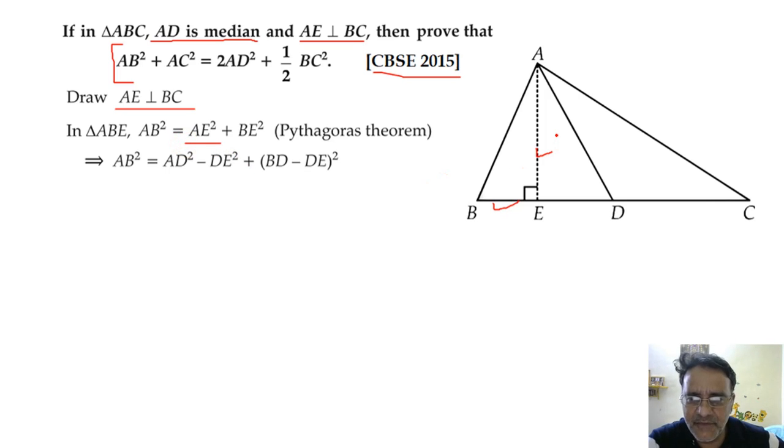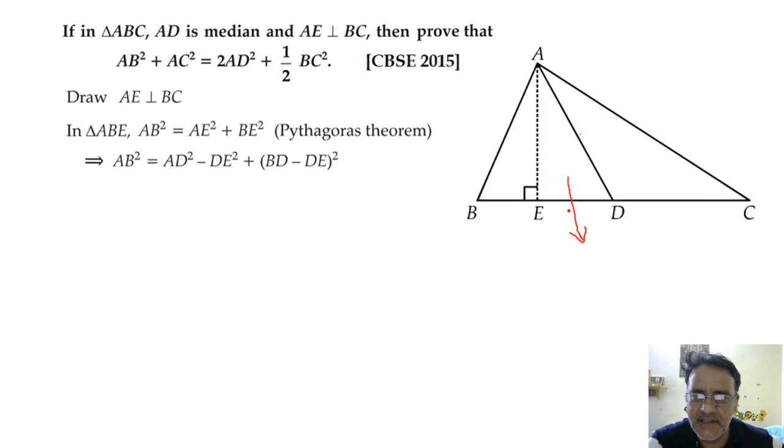AE square, if you take this triangle, देखो ध्यान से, ये वाला triangle अगर लेते हैं हम लोग, if you take this triangle, what you can write, AD square? AD square is equals to AE square plus DE square. So we can replace AE square by AD square minus DE square. In the same step, BE we can write BD minus DE.